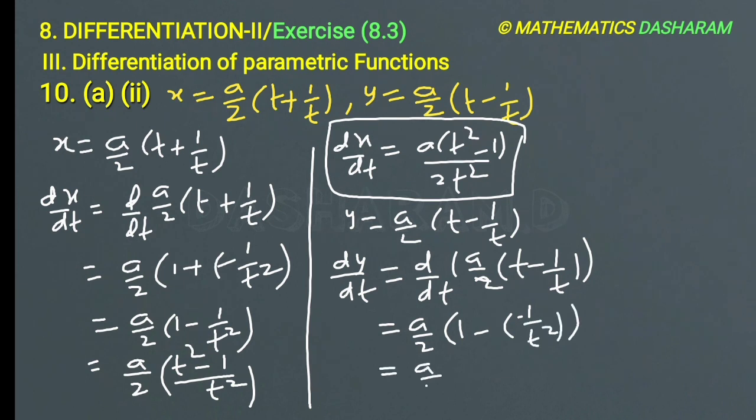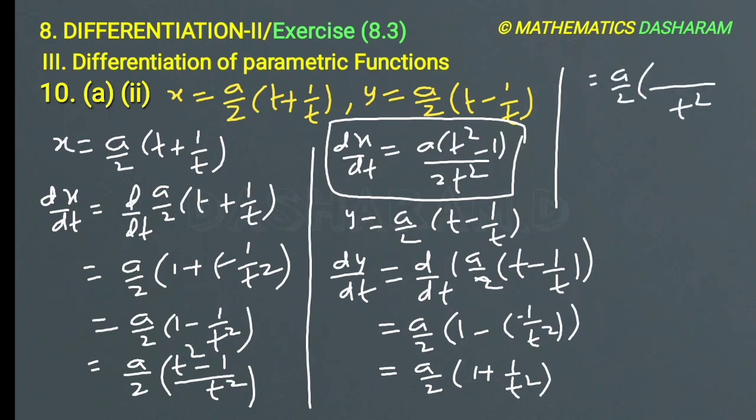So a by 2 of 1 plus 1 by t square. Now the LCM is a by 2 of t square plus 1. So this is dy by dt.